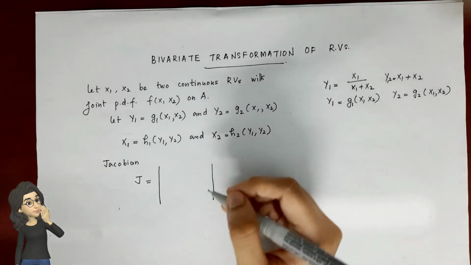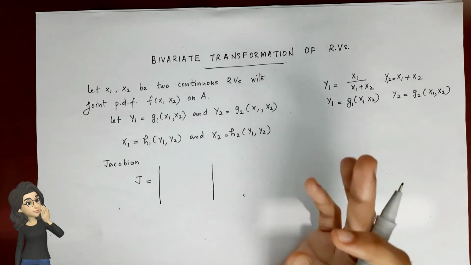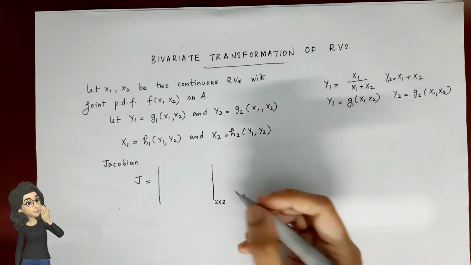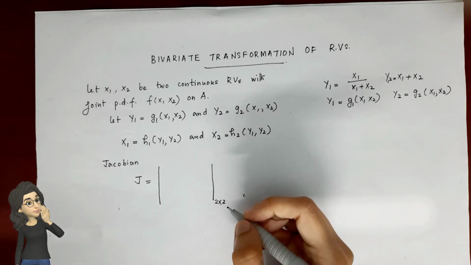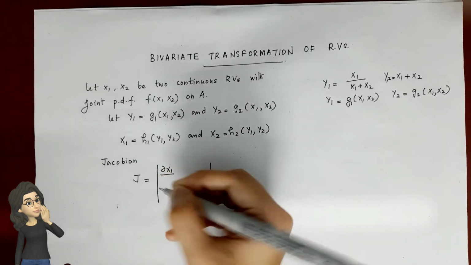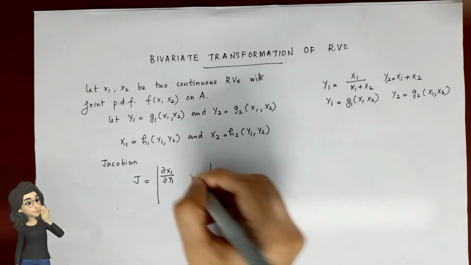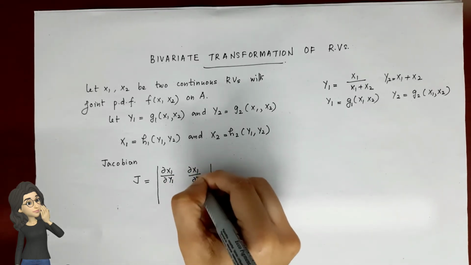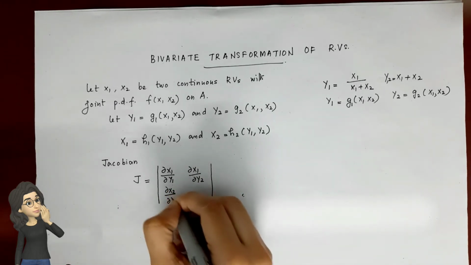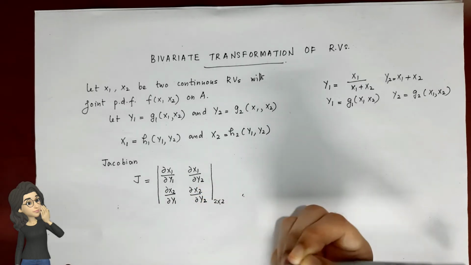So we are required to find the determinant of a 2 by 2 matrix: dou x1 by dou y1 and dou x1 by dou y2, dou x2 by dou y1 and dou x2 by dou y2.